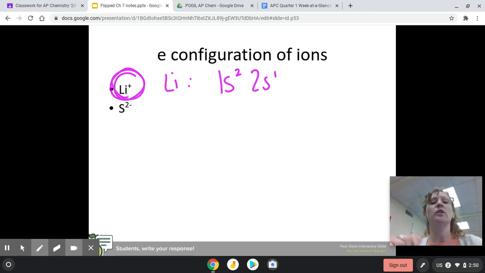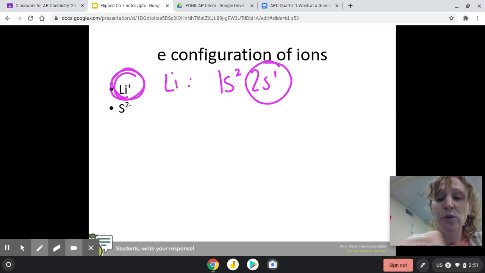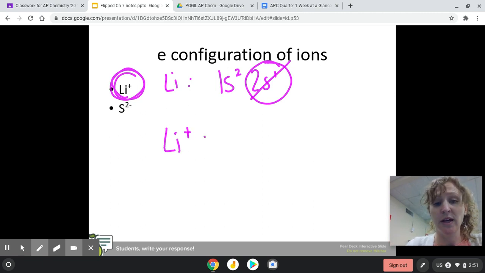So when atoms are going to lose or share electrons, they're always going to lose the electrons that are farthest away from the nucleus. As electrons get farther away, they're not attracted as strongly, and so those electrons are going to be shared or traded first. So lithium is going to lose its outermost electron, its valence electron. So the electron configuration for lithium plus would be 1s2.